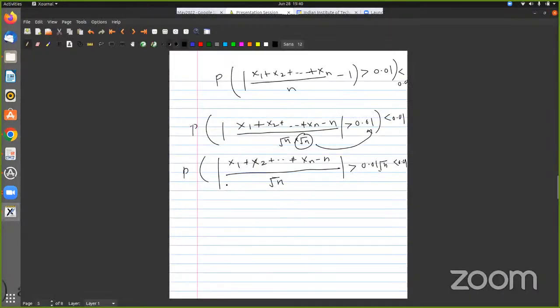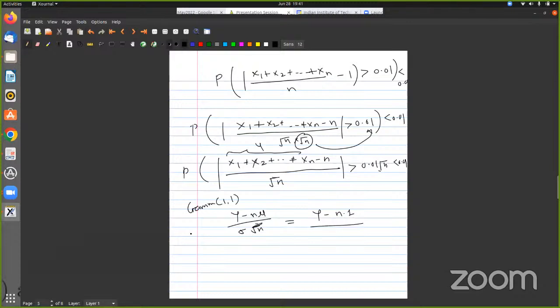Because we know, what is our central limit theorem? Consider this sum as y. Y minus n mu divided by sigma root n, right? So if this sum is y, then minus n into mu, which is 1, because all are gamma 1 comma 1.